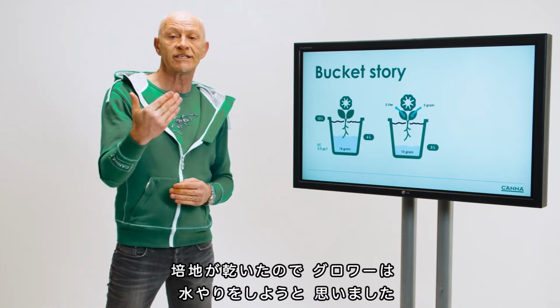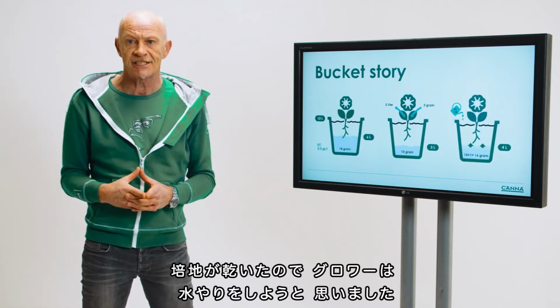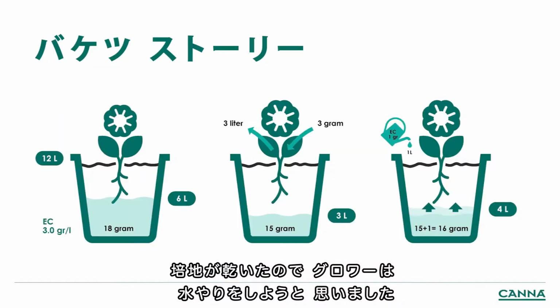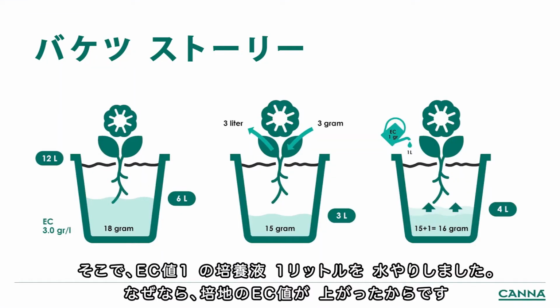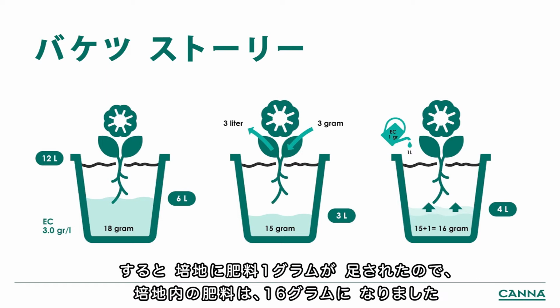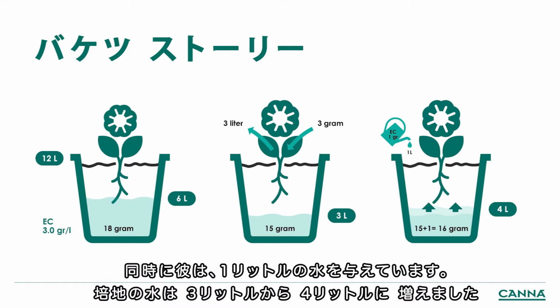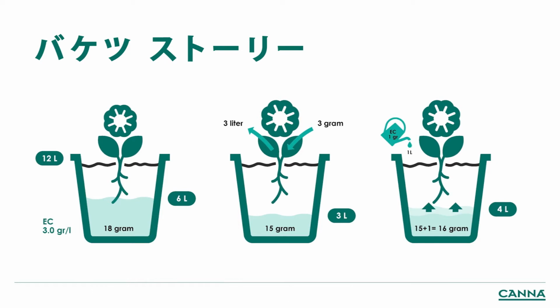If the grower is willing to correct that situation, he starts to water. He starts to water 1 liter with an EC level of 1, because he sees the EC is rising in the substrate. Because of that, he gives 1 gram extra to the substrate. It becomes 16 grams, but he also makes the substrate a little bit more wet, and he brings it from 3 liters to 4 liters.